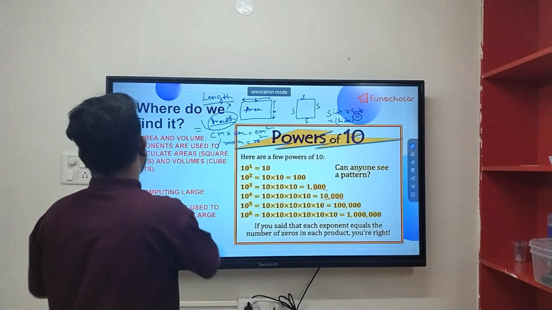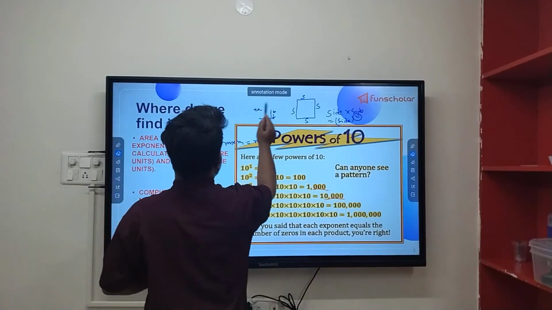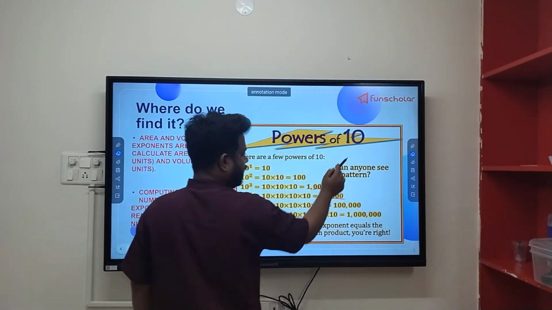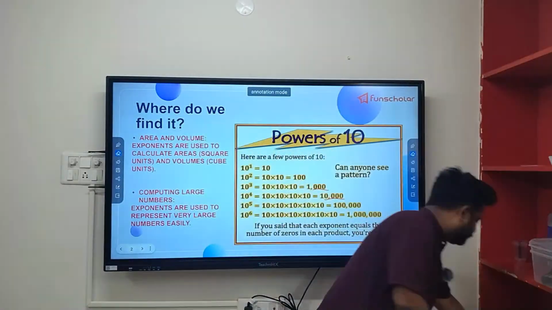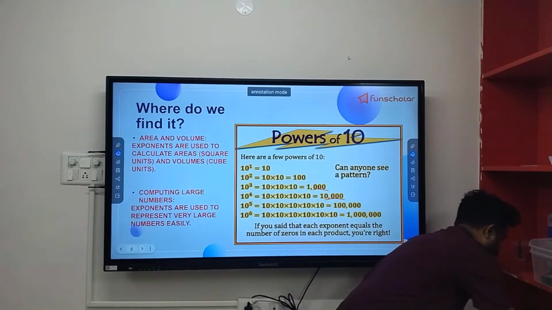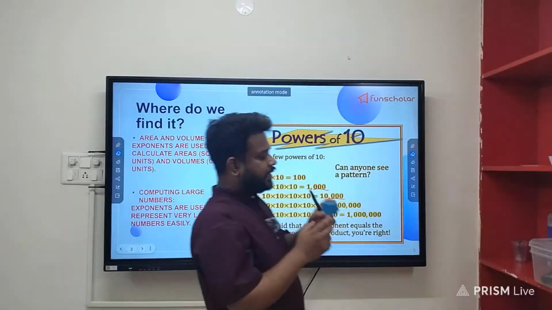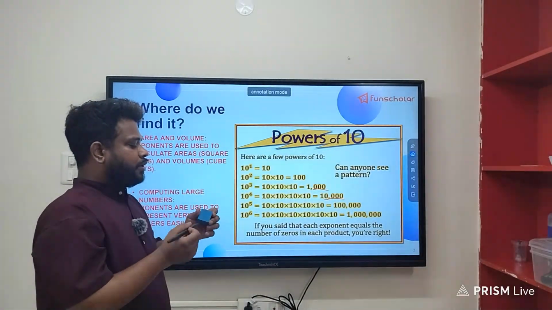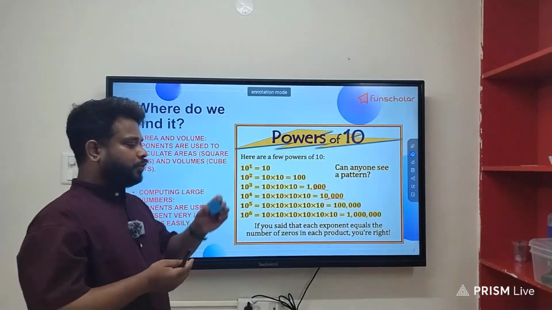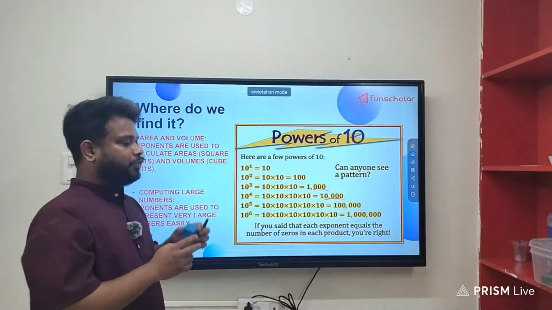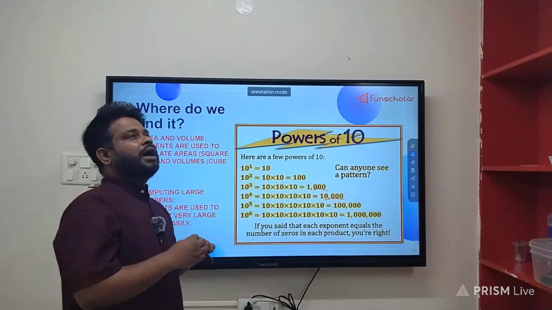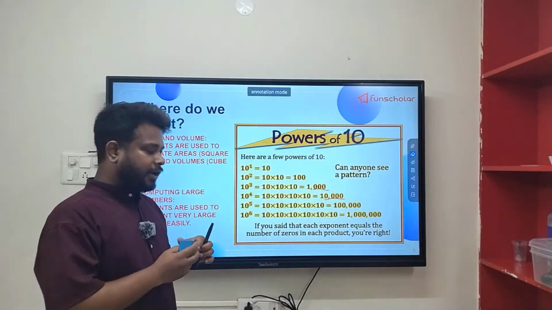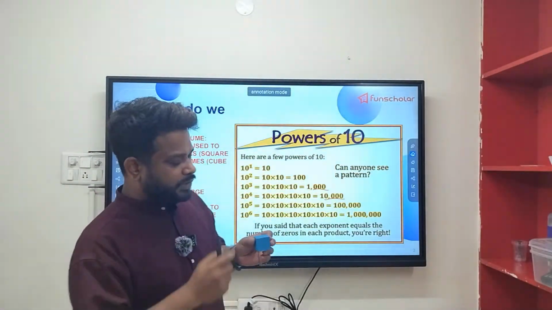The same goes for volume as well, when we calculate the volume of any kind of shape. You can see this is a cube, the three-dimensional display of a square.